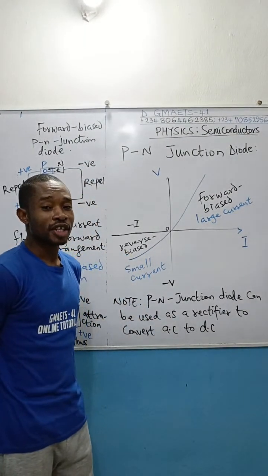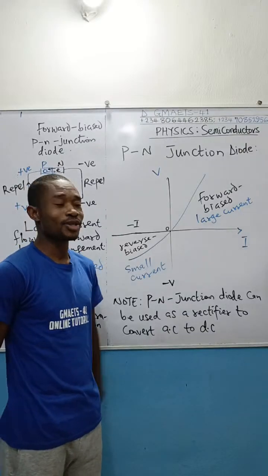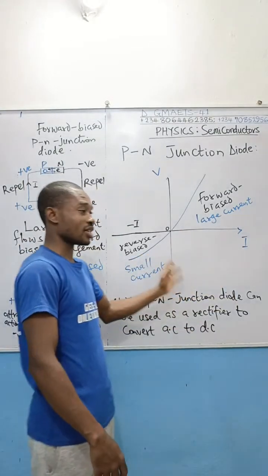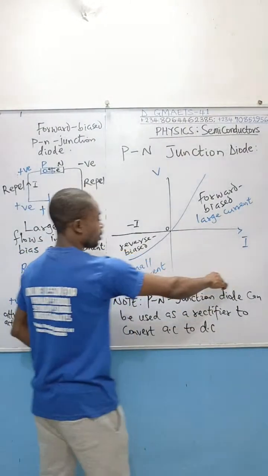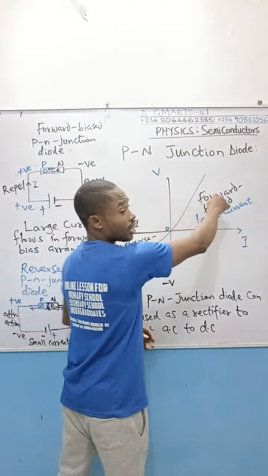What you do in the case of a rectifier, you just connect the PN junction to that alternating current. If the alternating current is coming like this, are you following, right?